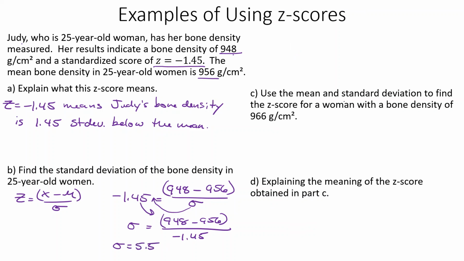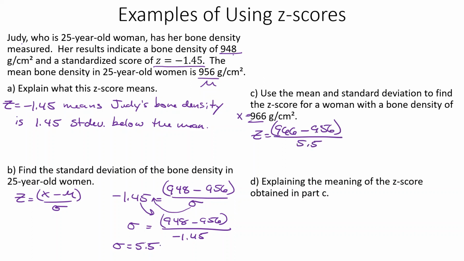All right, part C. Use the mean and standard deviation to find the z-score for a woman with a bone density of 966. So now we've got the standard deviation. We've got the mean right here. And that's just going to be our x value. So the z-score here would be 966 minus the mean, 956, divided by that standard deviation we just found, 5.5.